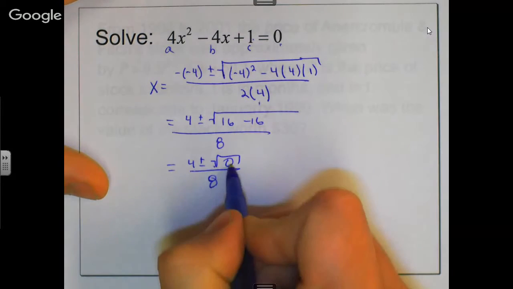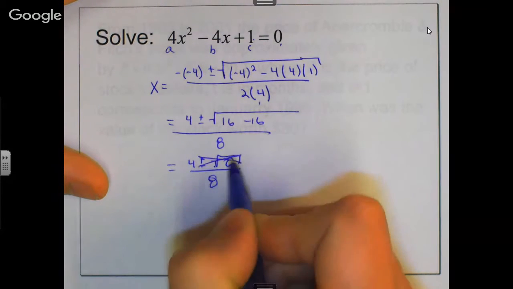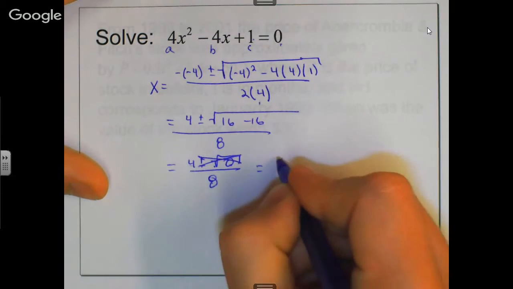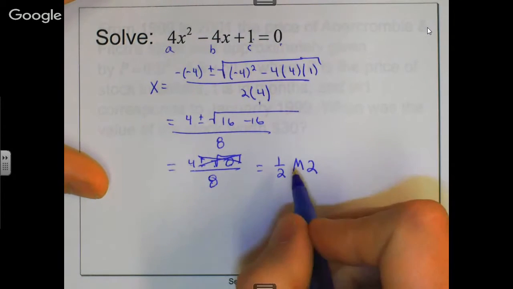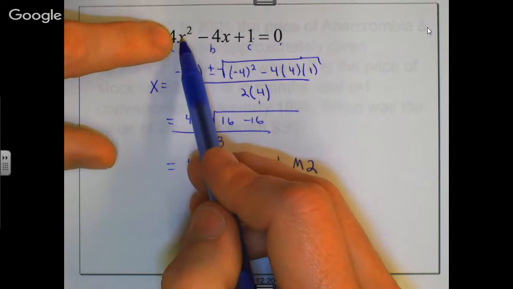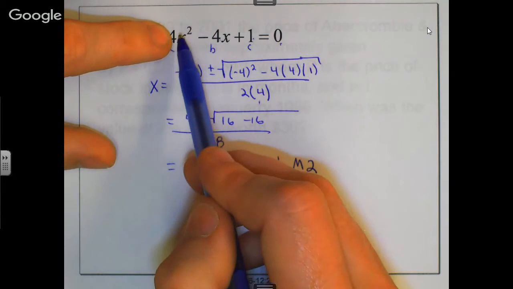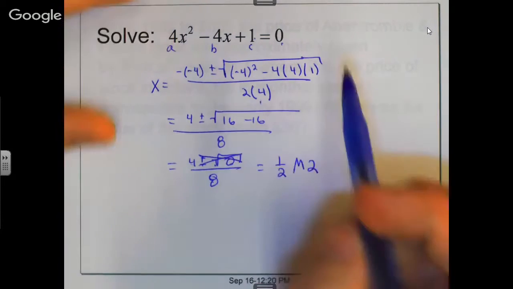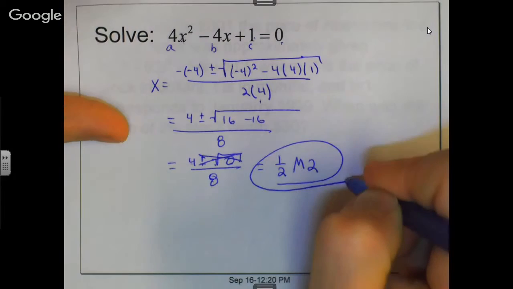The square root of 0 is 0, and plus or minus 0 doesn't change anything. So we have 4 over 8, which is 1/2, multiplicity of 2. I have to have 2 answers. The fundamental theorem of algebra tells me that the highest exponent on my variable is how many answers I should have. This tells me I have 2 answers and they are the same.